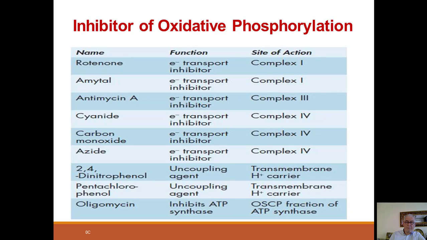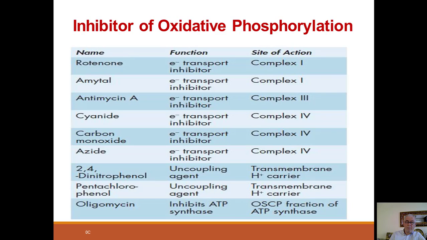Another inhibitor, dinitrophenol, is called an uncoupling agent, and works as a transmembrane proton channel, moving protons from the intermembrane space to the matrix. But for ATP synthesis, this transfer must be made by ATP synthase.